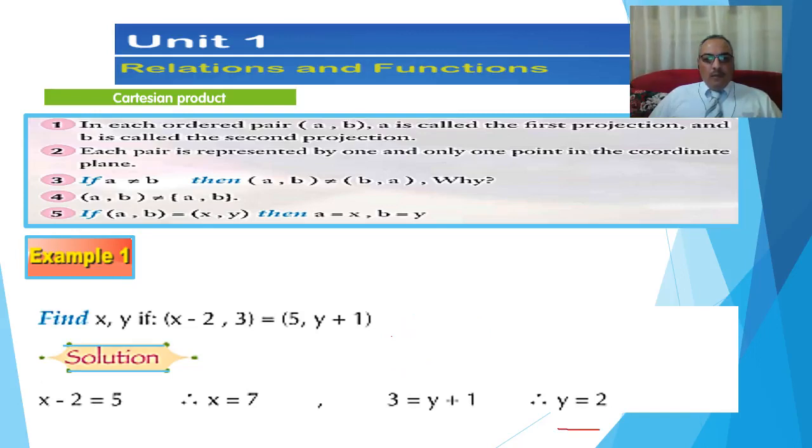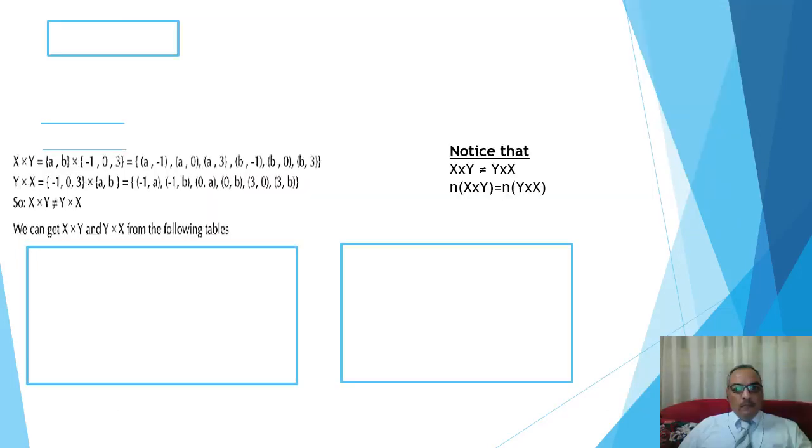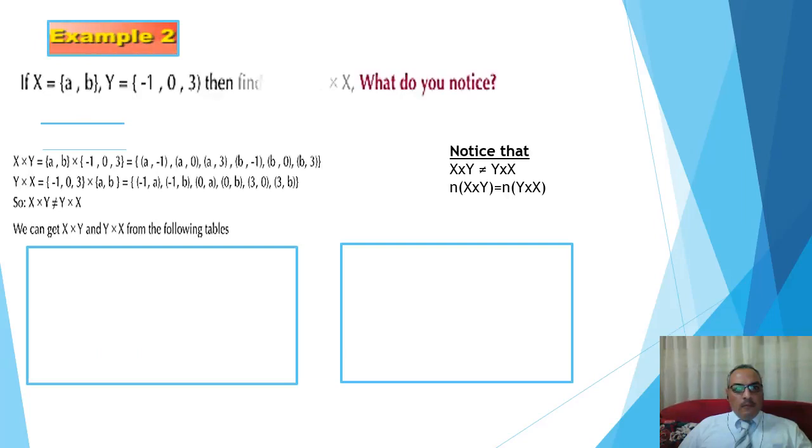Now we learn together the meaning of Cartesian product. Take set X equal to {A, B} and set Y equal to {negative 1, 0, 3}.